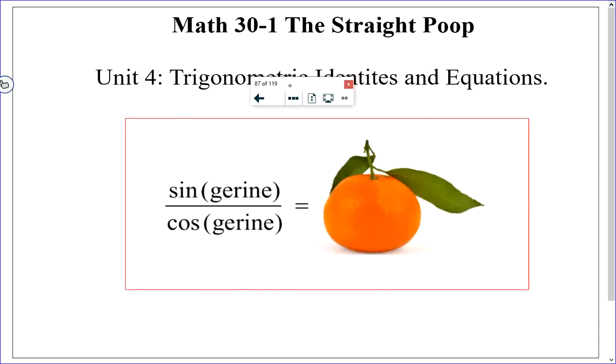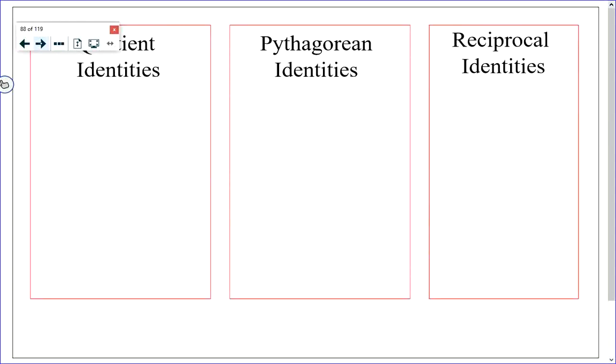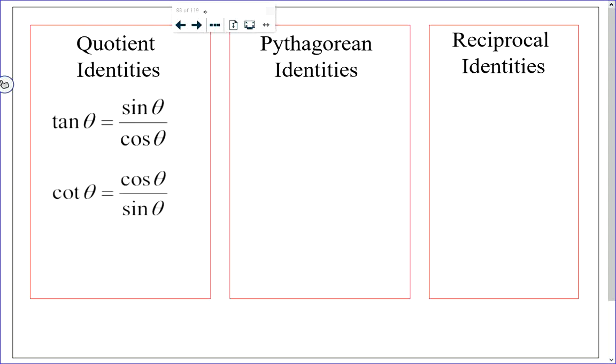Oh, there we go. Now we're into Unit 4. Unit 4 is Trigonometric Identities and Equations. This is going to go pretty quick. Even though it's very challenging, we learned in this unit that there are all these identities. There are what are called the quotient identities. An identity is a statement that's always true for all values of the variable that are allowed.